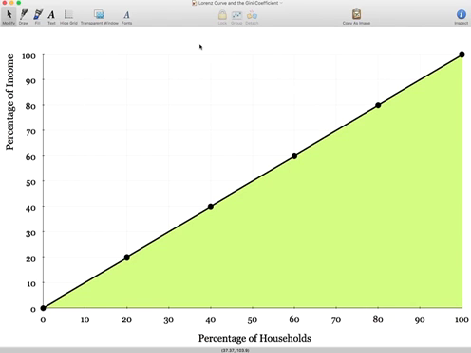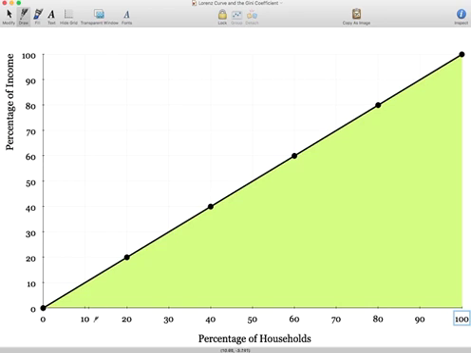Now, if we want to go to the opposite extreme, let's go to an economy where only one person has all of the income. Let's just make this easy, and say we have 100 people in this economy. If one person controls the income, all of these 99 people have absolutely nothing.